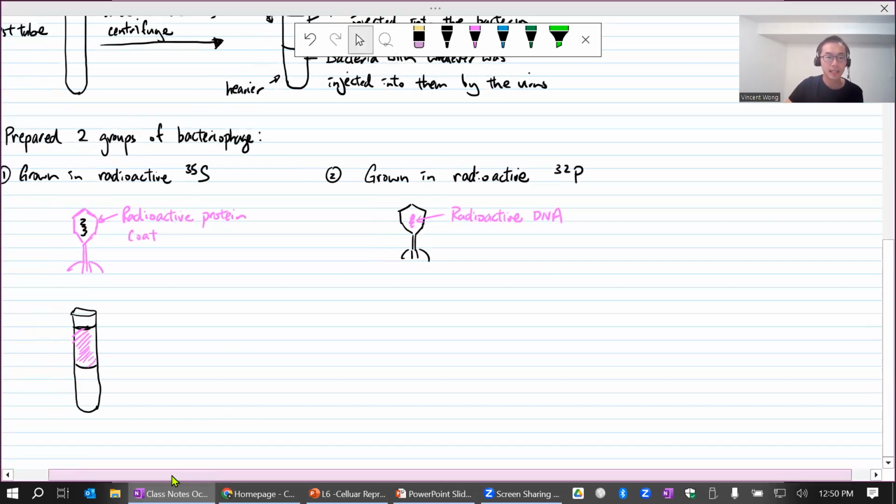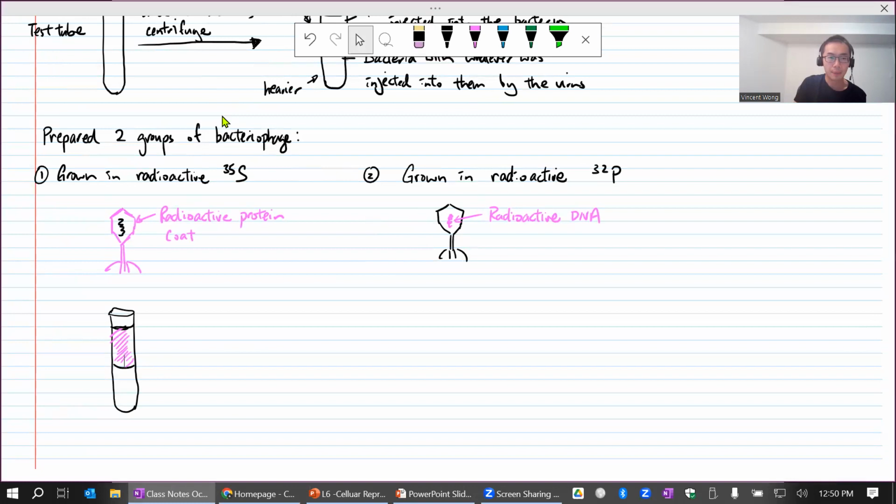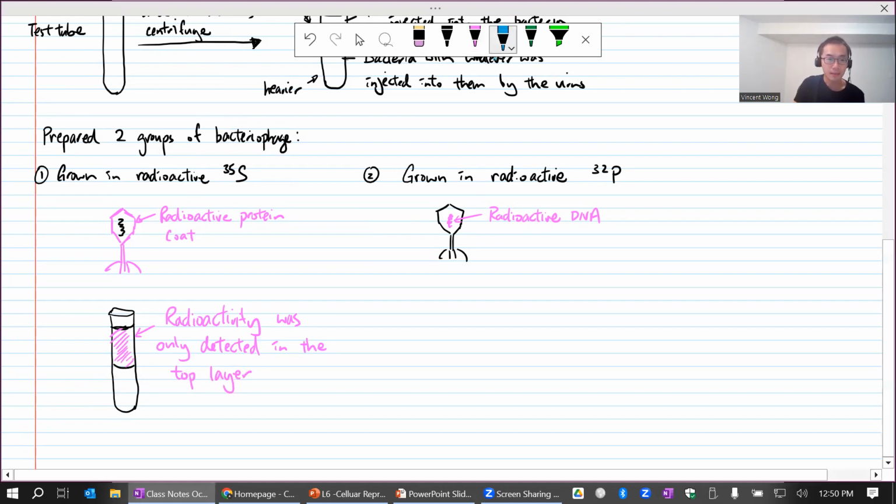Okay, so when they use this kind of virus to infect the bacteria, radioactivity was only detected in the top layer. So what does this mean?